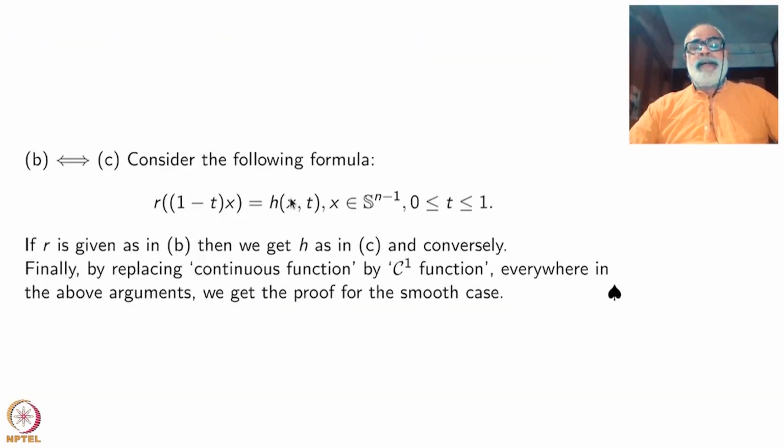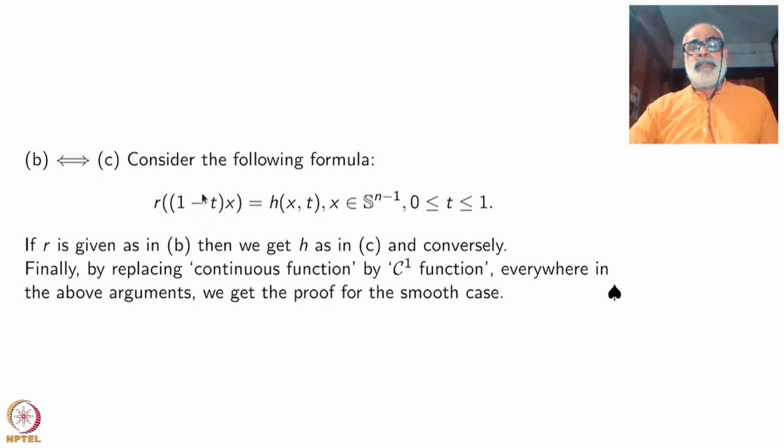Now B and C are very easy. Look at this formula. R times R of 1 minus t times x equals h of xt, where x is on Sn minus 1, t is between 0 and 1. So 1 minus t is also between 0 and 1.